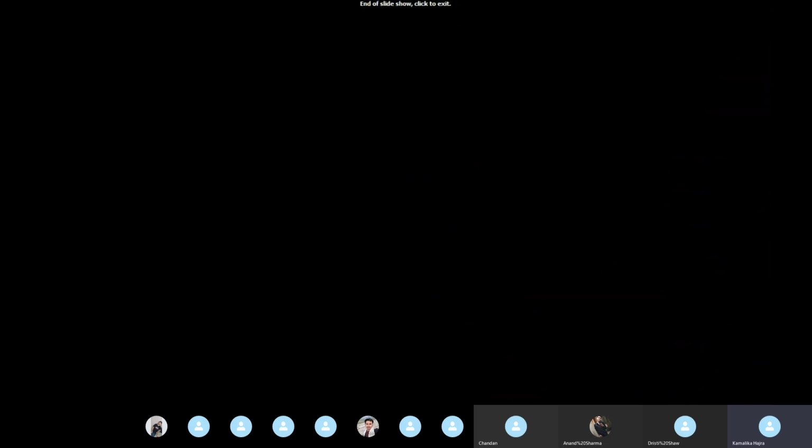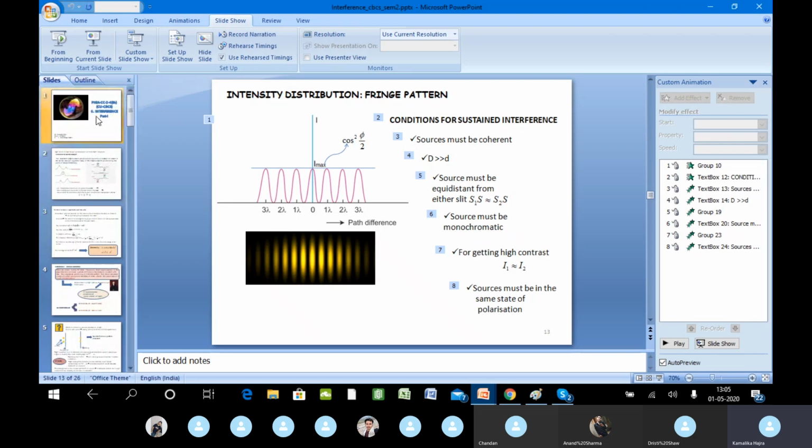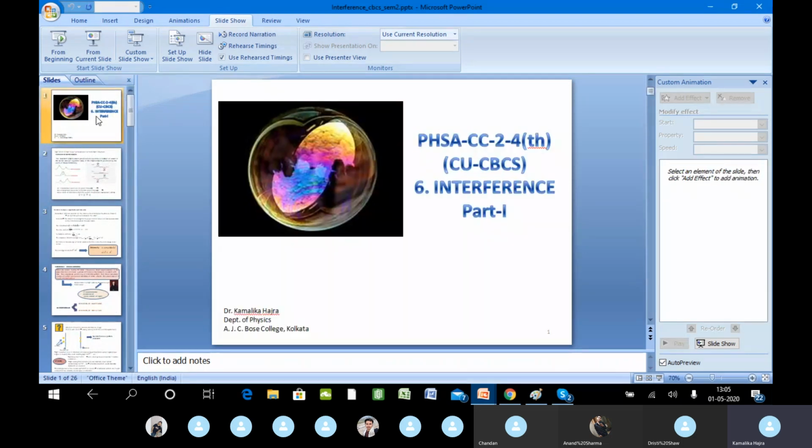All right. So that finishes the first part of our interference module, that is interference by division of wavefront. So we did the principle of superposition.